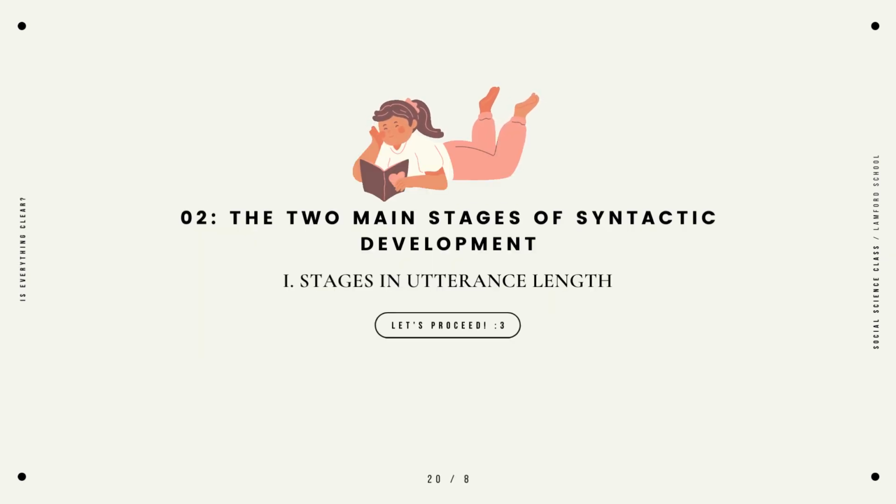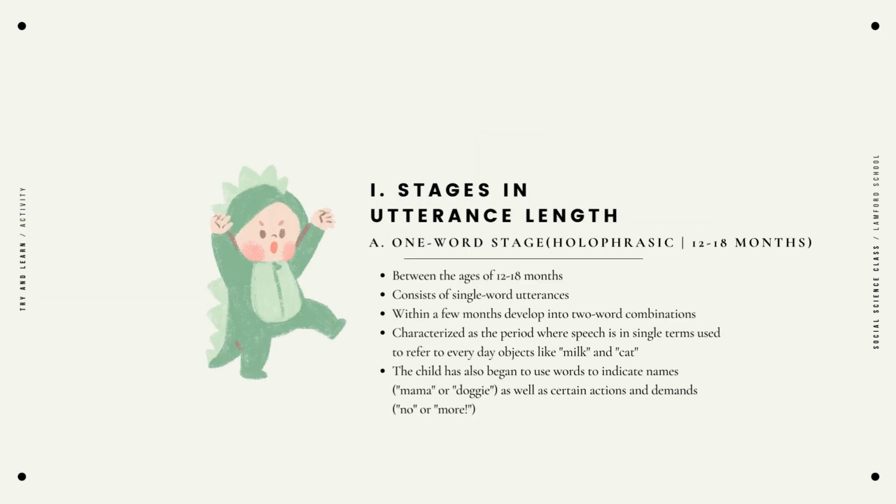Now let's dive deep into the 2 main stages of syntactic development. The first stage being stages in utterance length. Sometimes the term holophrastic is used, which refers to a single form that functions as a phrase or sentence to describe an utterance that could be analyzed as a word, phrase, or sentence.